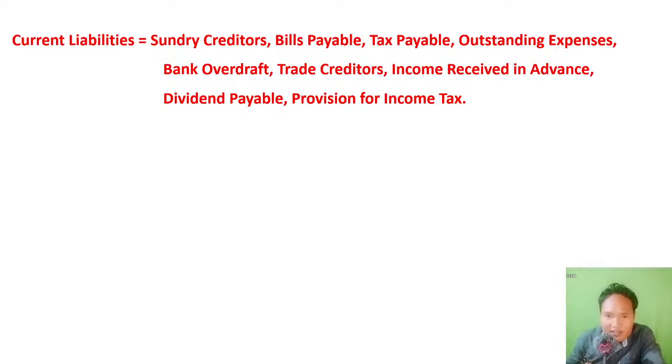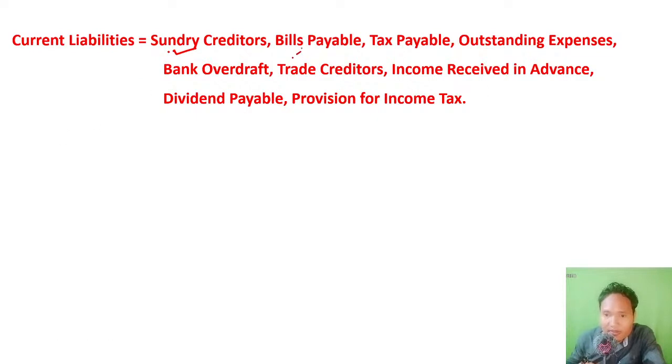Now what are the various items or particulars involved in current liabilities? First we have sundry creditors. If the company has taken money from different sources, it is the obligation of the concern or organization to pay back the amount taken. Sundry creditors means small, negligible amounts that are supposed to be paid by the organization.